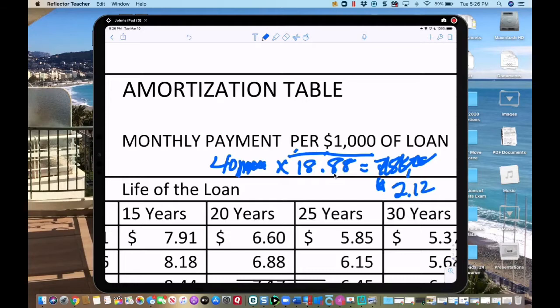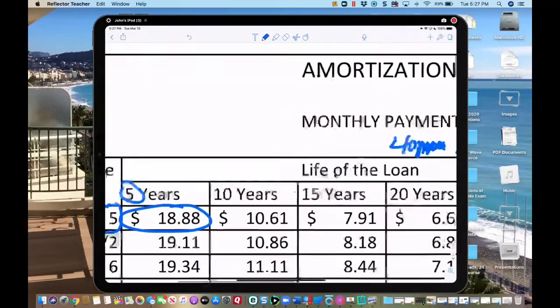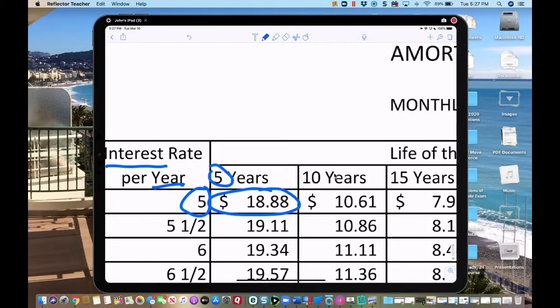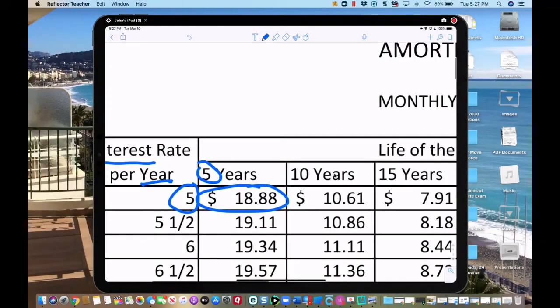If we had a $40,000 loan divided by 1,000 equals 40, and we multiply that times 18.88, we get $755.20. That sounds more right. So that would be the mortgage payment.